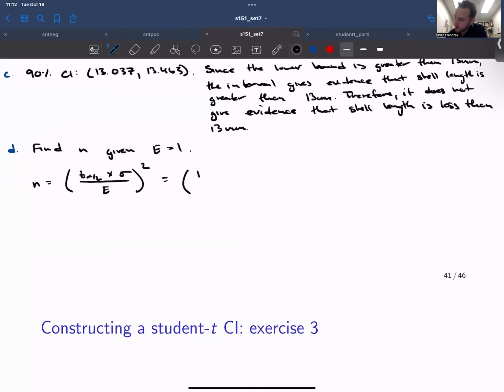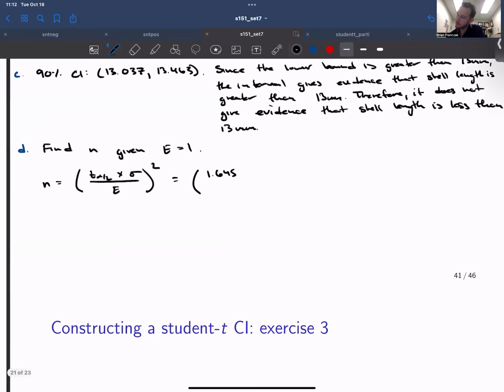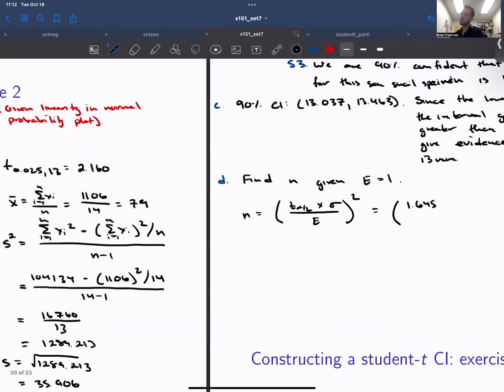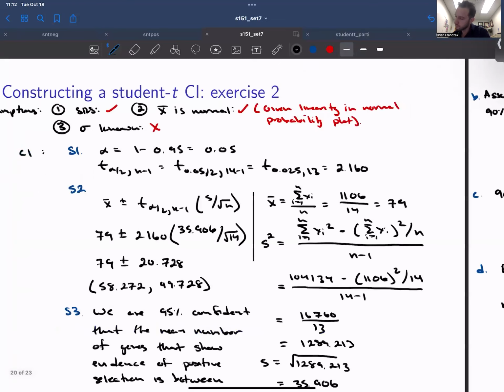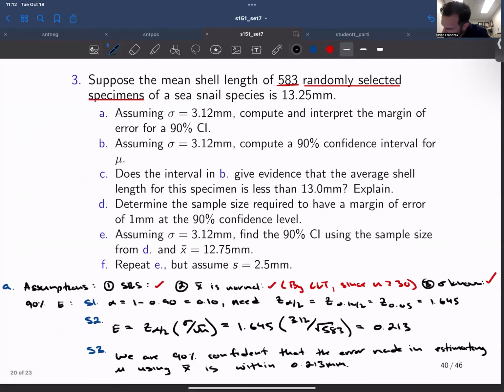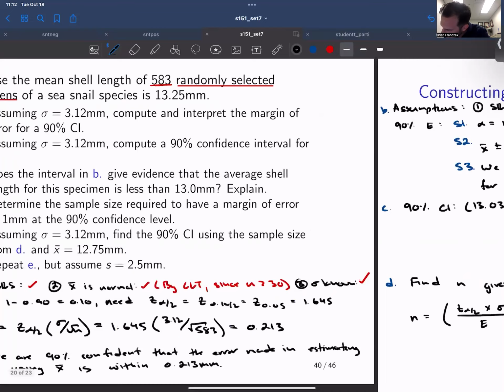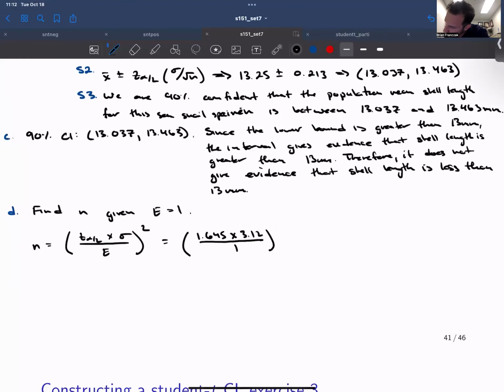This is still a 90% interval, right? It says determine sample size for a 90% interval. So this is going to be 1.645 times 3.12 divided by 1, squared. All right, so we have 26.34135.